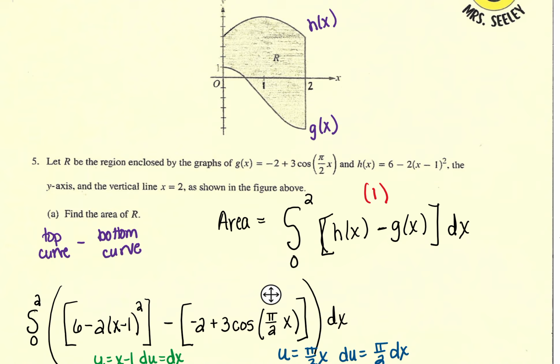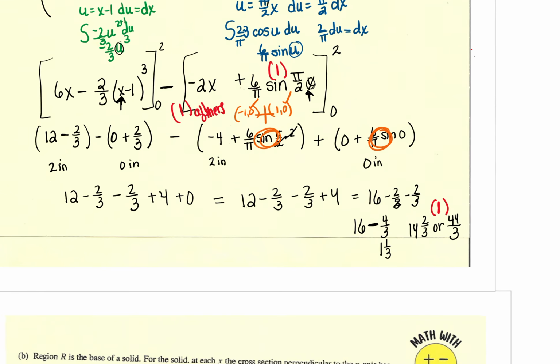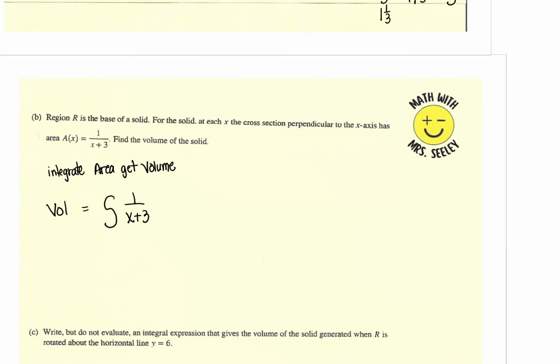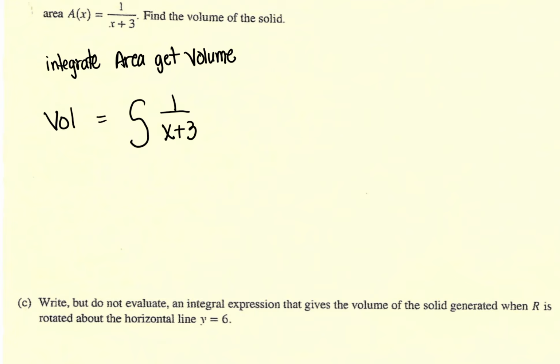So I'm going to integrate that, and I'm going to have 0 to 2 right here. So 0 to 2 dx. If I integrate this, I'm going to have to do a u sub again. So we're going to let u equal x plus 3, so that du is just dx.